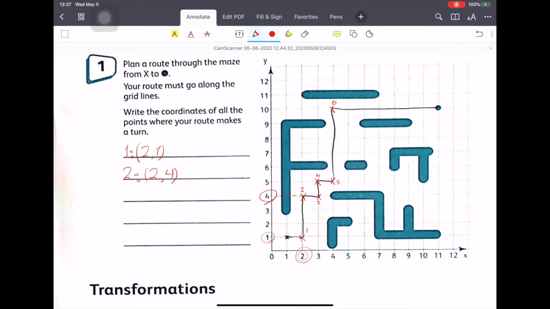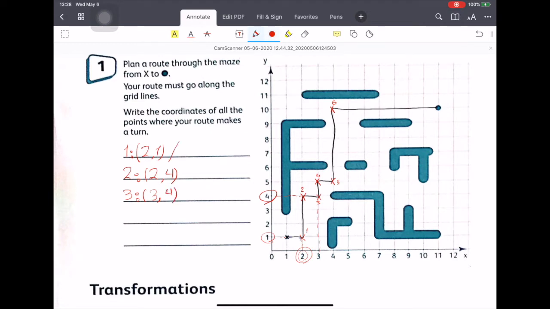Talking about turn 3, however, it's going to be x as 3 and y 4.